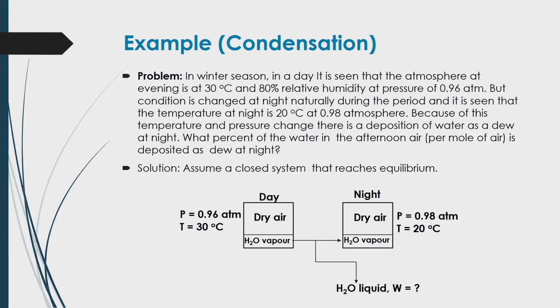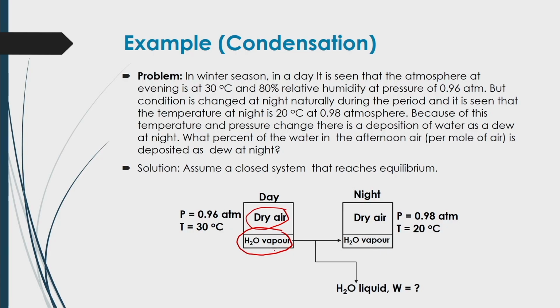Now, in this case we have to consider that this is a closed system that reaches equilibrium. If we draw the schematic diagram, suppose in the day this amount is dry air and here the water vapor will be there.